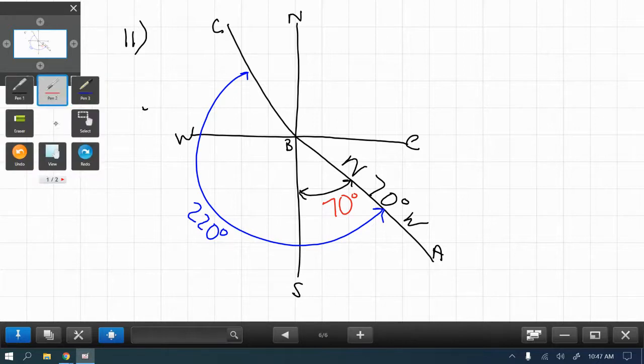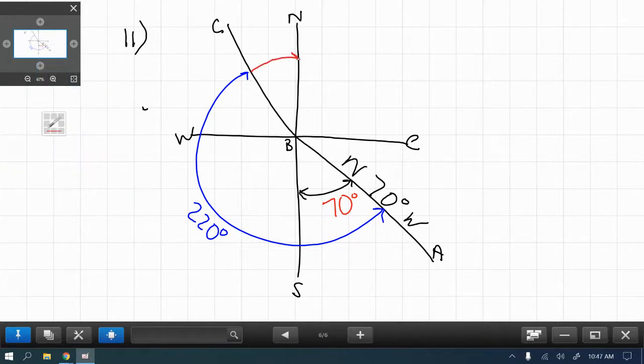And because that's in quadrant 4, I'm looking for this. All right, so I heard you say you went and took the whole 220 out of 360. Is that what you did?